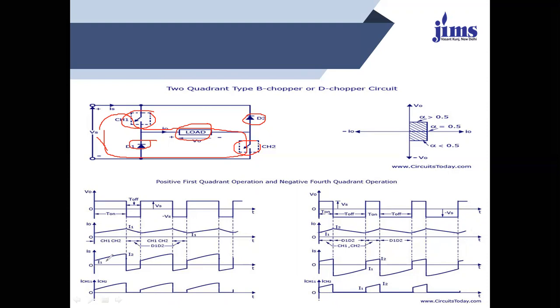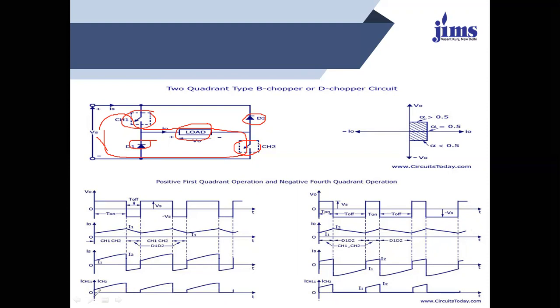The supply current flows when CH1 and CH2 are both operating, and in the reverse direction while D1 and D2 are operating. If both switches are off, the load is discharged through diode 1 and diode 2, and we get the negative part of the waveform.